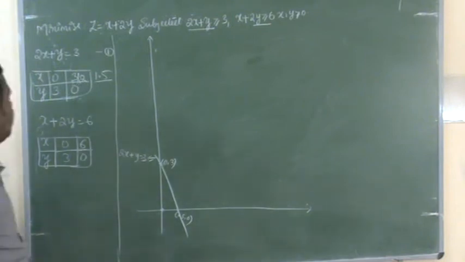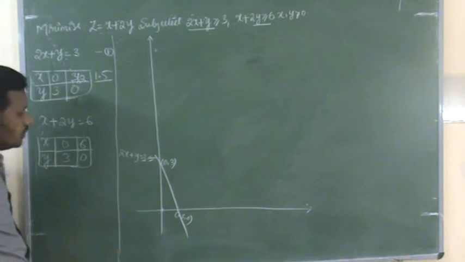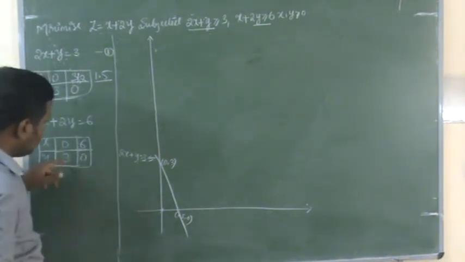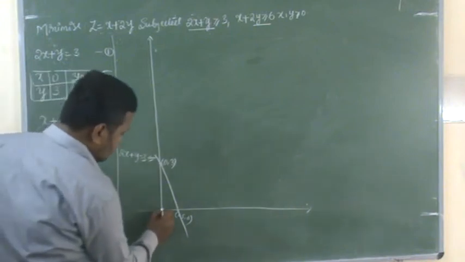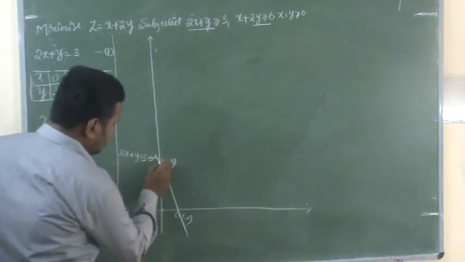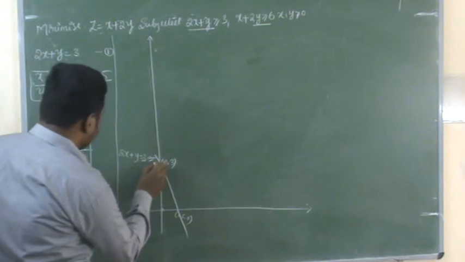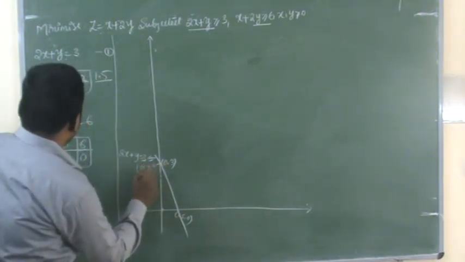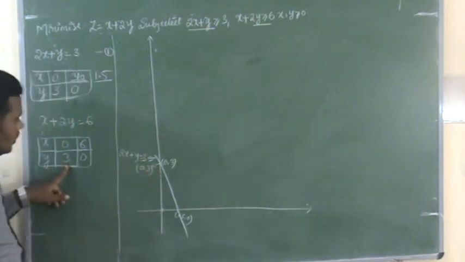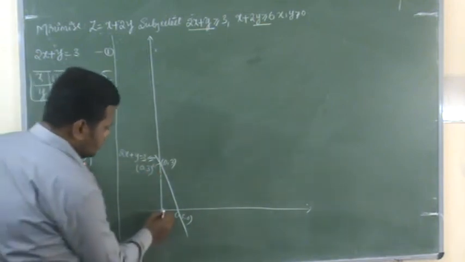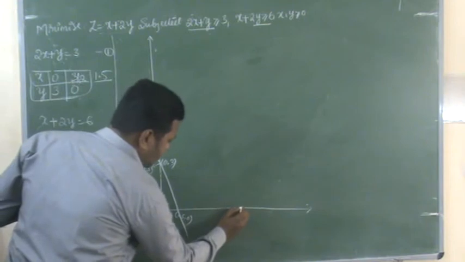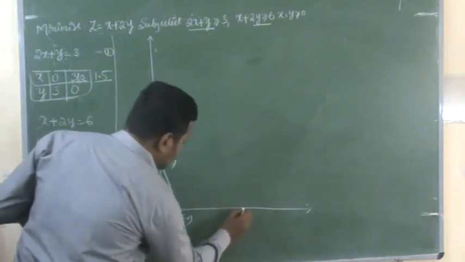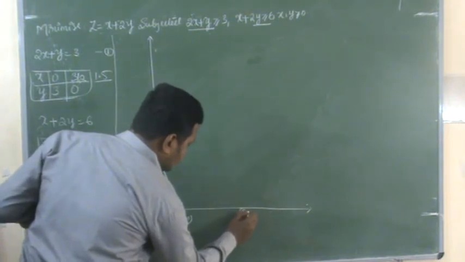Now for the second equation, when x is equal to 0, the y value is 3, that is (0, 3), and when y is equal to 0, the x value is 6, that is (6, 0).